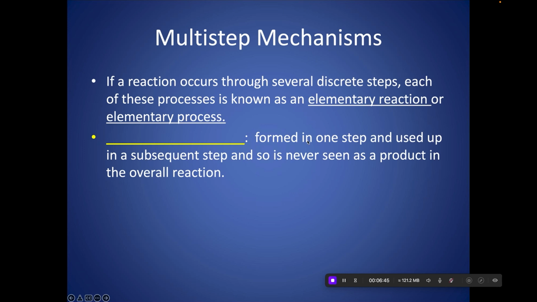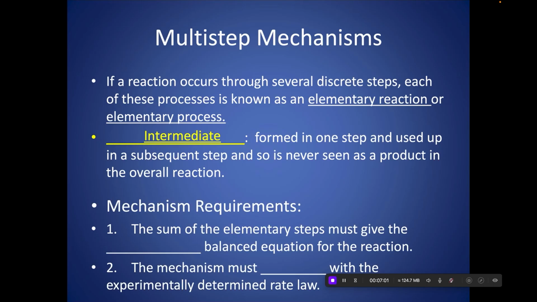If a reaction goes through multiple steps, we are assuming each step is an elementary reaction, meaning each step occurs all in one step. You might see these things called intermediates. Intermediates are substances that are formed in one step and used up later on, so they never actually appear in the overall reaction. In this multi-step mechanism, there's a couple of requirements.